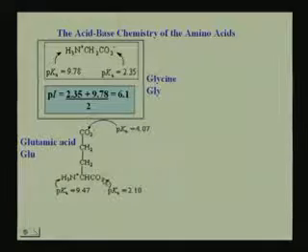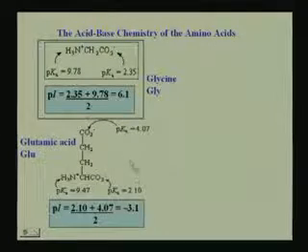When I lose this proton, then what is the charge? It has a plus charge here and a minus charge here. This is still protonated. Okay, so now I am at the zwitterionic form. So how do I calculate my pI? It is going to be the sum of 2.1 and 4.07 divided by 2.